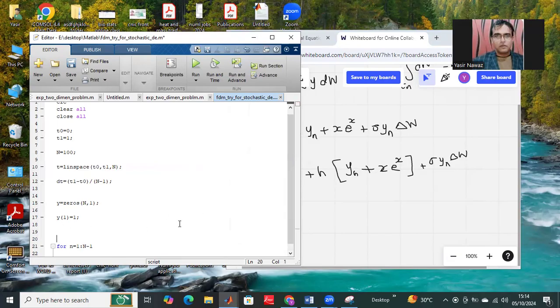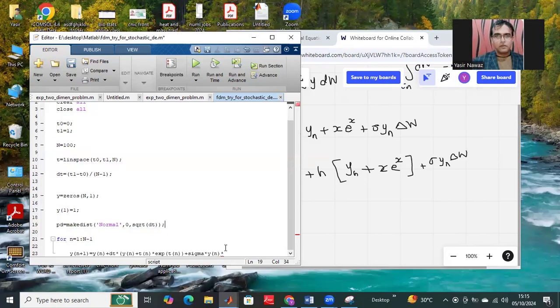First I will make a normal distribution. I will use the Matlab command with a zero mean and square root of dt as the standard deviation. Then I will use it here. So we must use the random command.